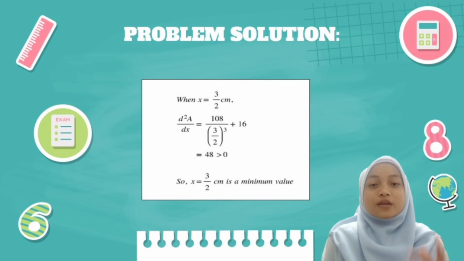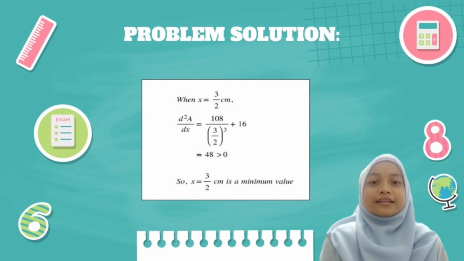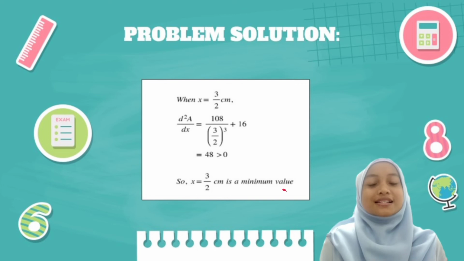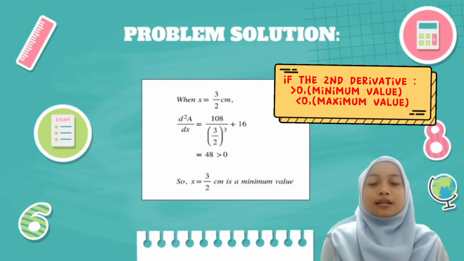Thus, 3 over 2 is substituted into the second derivative equation, and the value we get is 48, which is greater than 0. So our x value gives a minimum value. On the other hand, if the second derivative is less than 0, it is a maximum value.